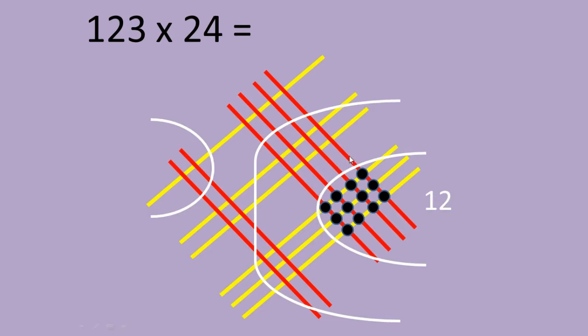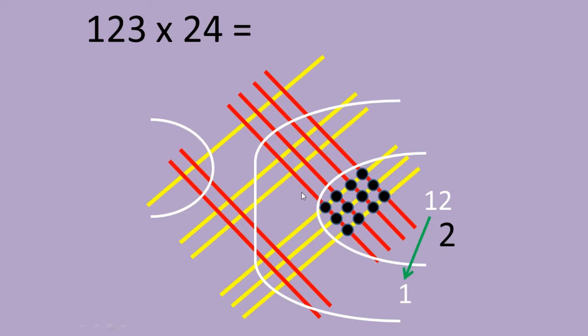Before we proceed to the second part, as you notice, we have a 2-digit number. So we only need 1 digit in each part. So we leave the 2 here, and we carry the 1 to the second part.